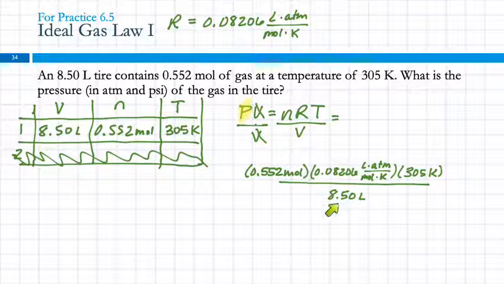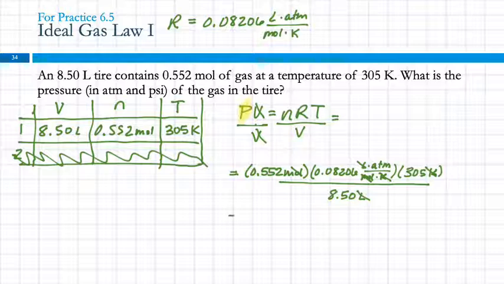So when I look at this equation, I need to check that my units are going to cancel out. So here I have moles and moles. Those cancel. And kelvins cancel with the kelvins. And now on the top I have liters times atmospheres, and on the bottom I have liters, and so the liters cancel out. And I'm going to have the pressure in atmospheres.